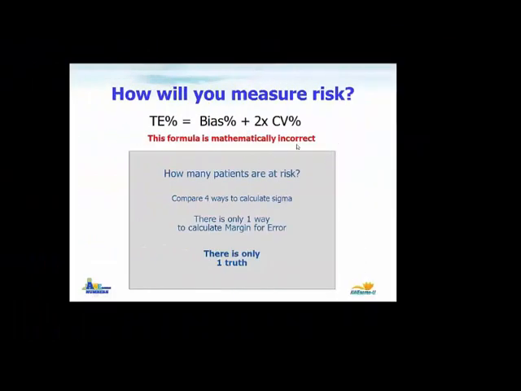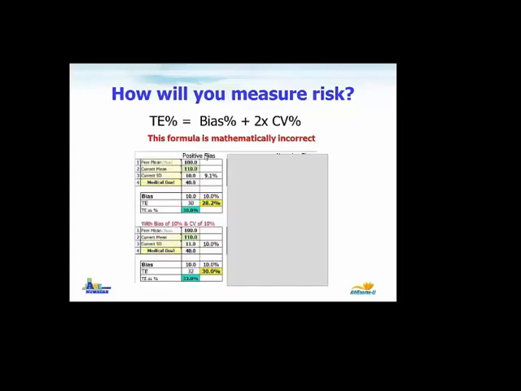I'm almost embarrassed to tell you, but this formula is mathematically incorrect. You are coming to a point where you're going to have to choose how you're going to measure risk. There are at least 4 ways that I know of to calculate sigma. There is only one way to calculate margin for error, and there really is only one truth.